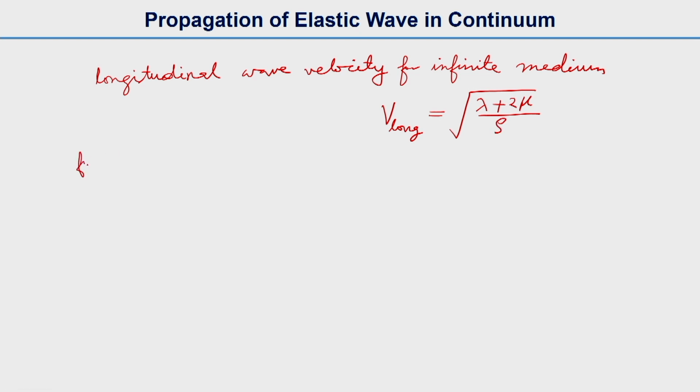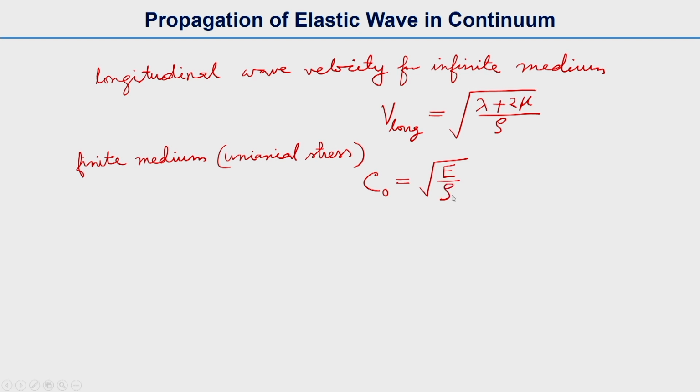And we know for a finite medium, for example the split Hopkinson pressure bar, that is the uniaxial stress case, the velocity, which we write as C naught, the longitudinal wave velocity, is expressed as the square root of E by rho.